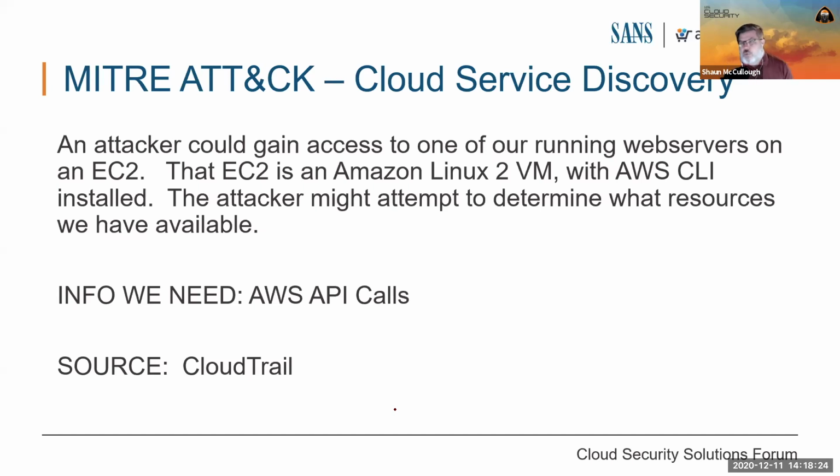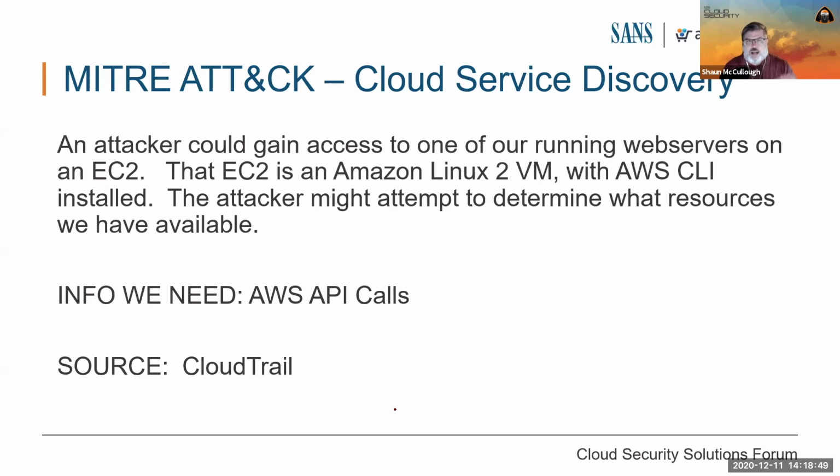What are the IAM roles and the users and all of this stuff. And this is all about discovering the service itself. It's really simple. As a developer, you're probably doing this all the time, or if you're on a security team, you might be running these commands, but the attacker is going to be running the same commands too. So aws s3 ls would give me a list of all my S3 buckets. As an attacker, that's the first thing I would do.